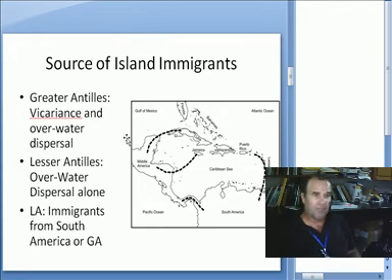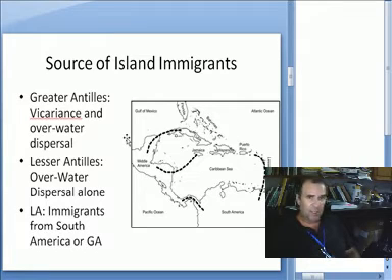So what this means when we talk about the source of island immigrants for the Greater Antilles, and we talk about vicariance, is that the Greater Antilles must have once been joined on to a continent, and in this case it is most likely to be Central America or Middle America, as it says on that diagram.